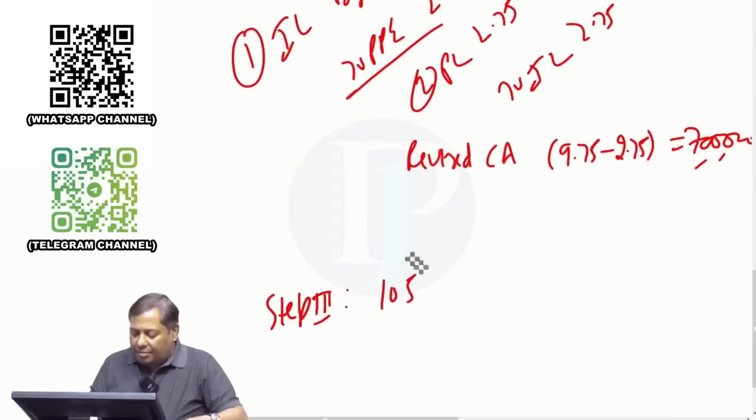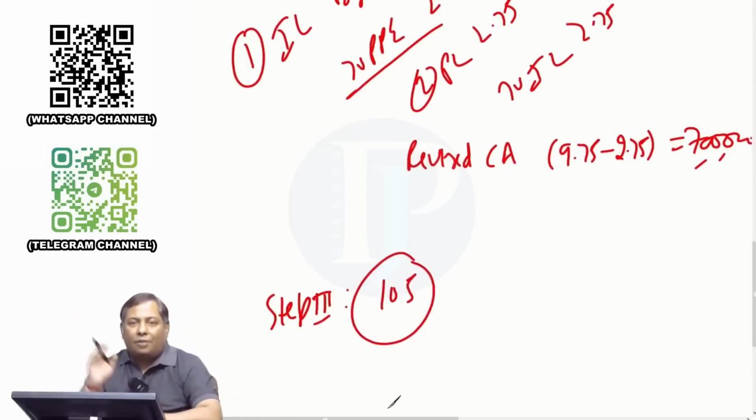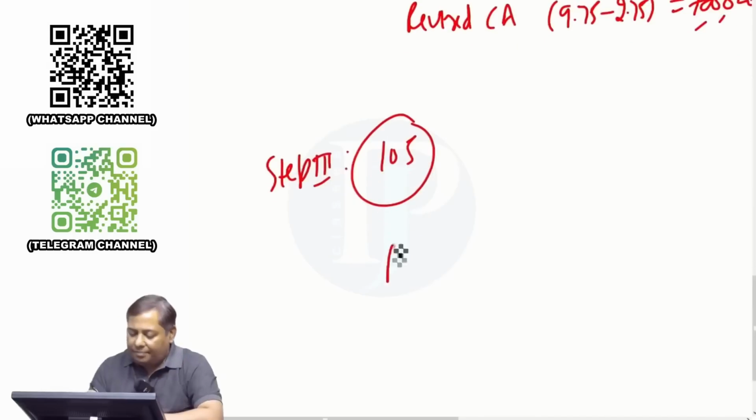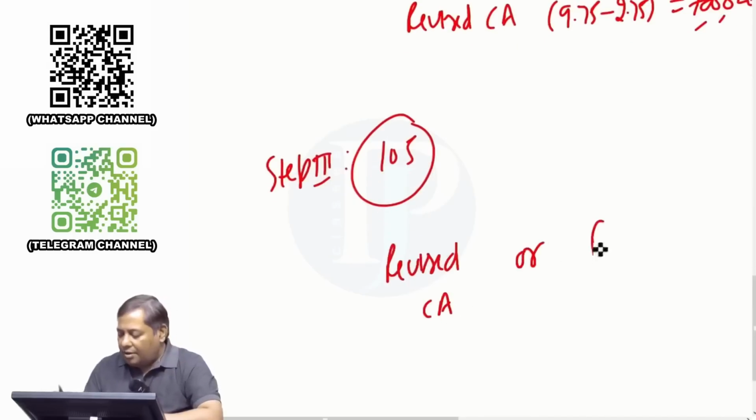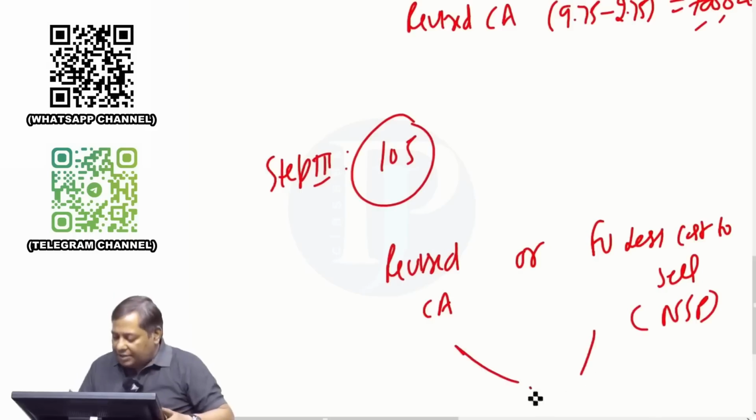The third step says bring this asset to 105. The end formula of 105 will be applied: revised carrying amount or fair value less cost to sell. We also call this NSP, net selling price. So whichever is lower.